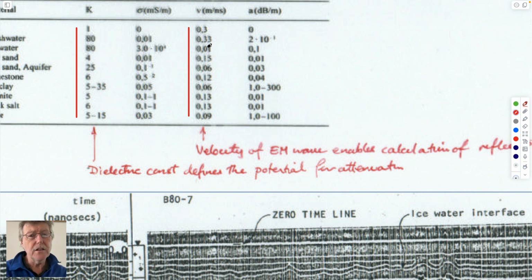And they vary a little bit, from about 0.01 to 0.3. So they vary by a factor of 30 to be able to reduce data.